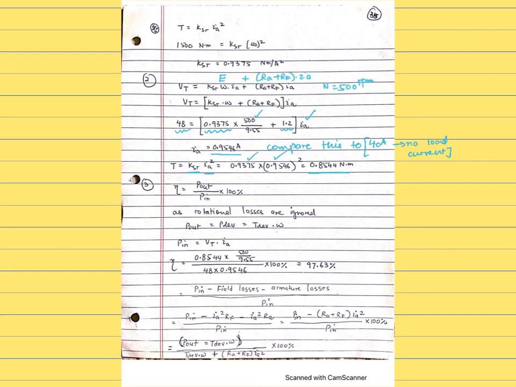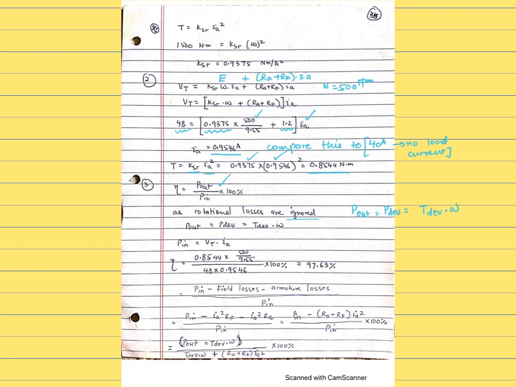Part 3 of the question is looking for the efficiency calculation when it's operating at 500 RPM, and we can ignore the rotational losses. The efficiency, by the standard definition, is the ratio of the output power to the input power, and this is a series motor. Rotational losses are ignored, so P output equals P developed, and that can be calculated as T developed times omega.